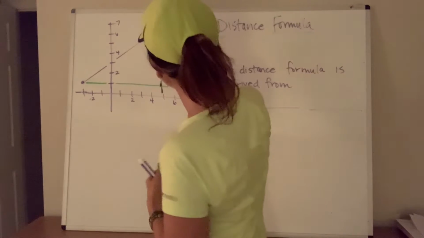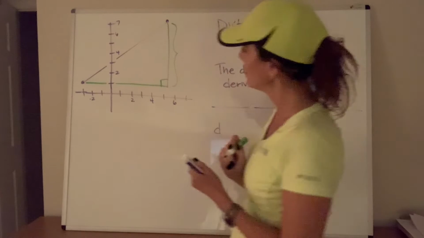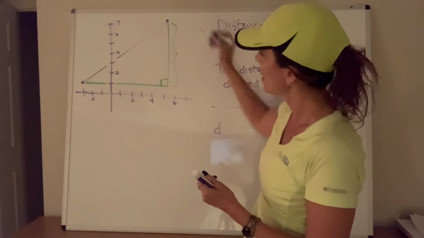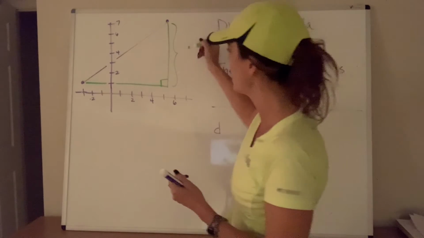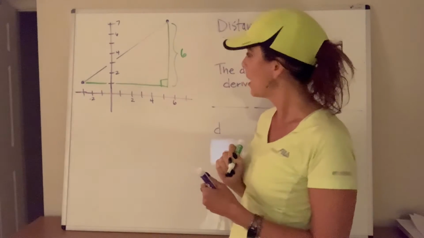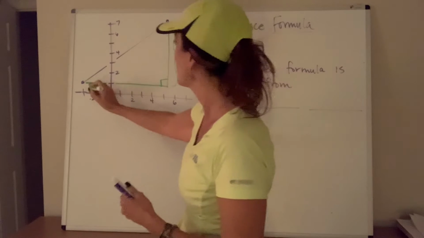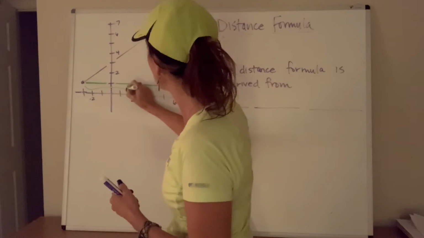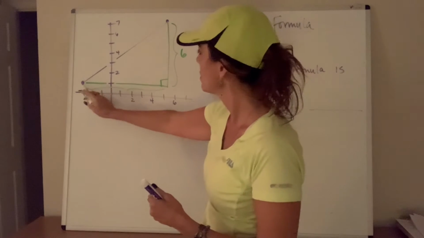Okay, so can you tell me what this length is? You should be able to say, oh, well, this is 7 and this is 1. So this distance is going to be 6 units, right? Okay, and then for here, if I'm looking at the distance between here and here, well, let's see.